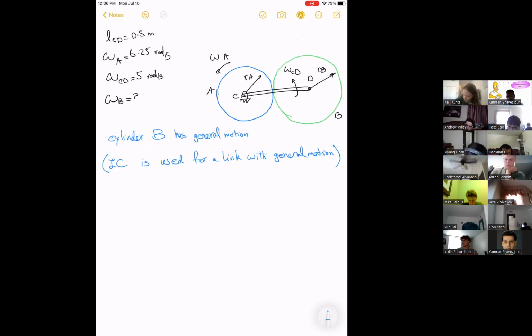To find IC for B, we need the velocity of 2 points.